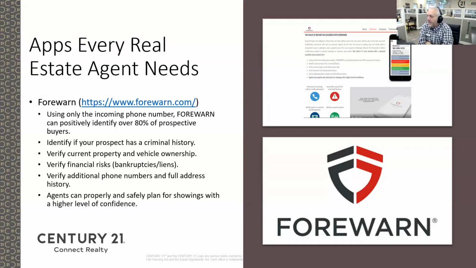There's a feature where you can send a pre-identified warning, saying I'm going to text my broker, my husband, my wife, whatever, if something happens to me during this showing, and all you have to do is push one button to activate that. I think it's awesome, because if it had that feature alone, it would probably be worth the money, but it has that plus so much more, with the ability to do background checks and look for criminal histories on people that you might be meeting.